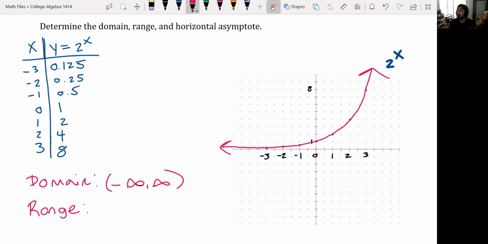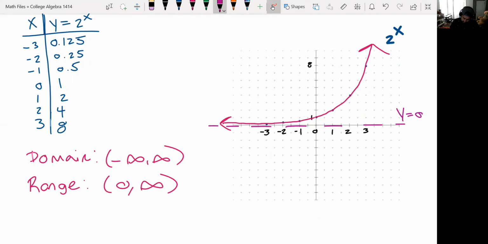Our range, well, one thing's for sure, we will never ever touch 0. So guess where we start? We start at parentheses 0, and my tail heads up towards infinity. All right, and now since we know we'll never ever touch 0, there happens to be a horizontal asymptote of y equals 0.